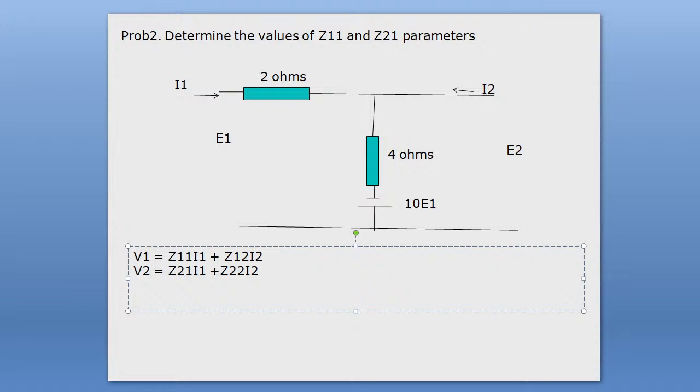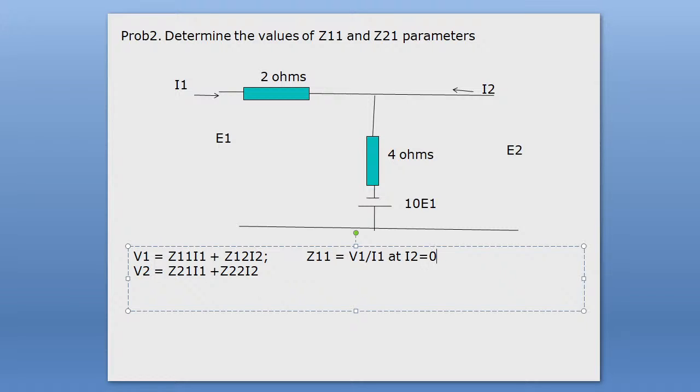Now you tell me the expression of Z11. From this expression we can write Z11 equal to V1 by I1 at I2 equal to 0.